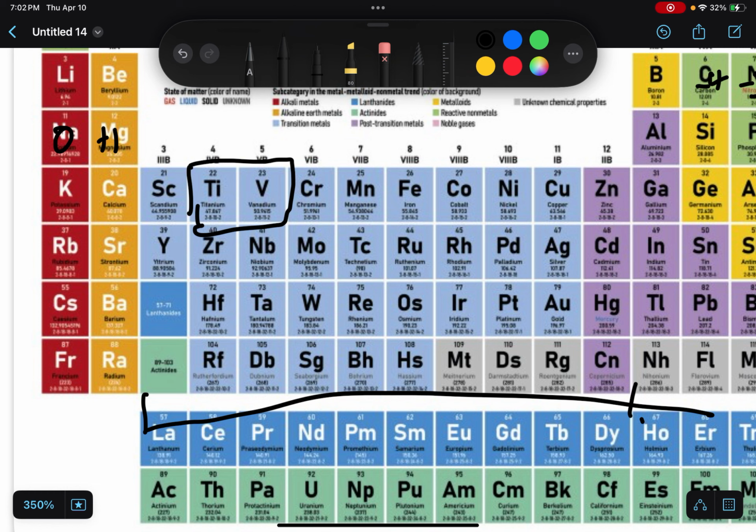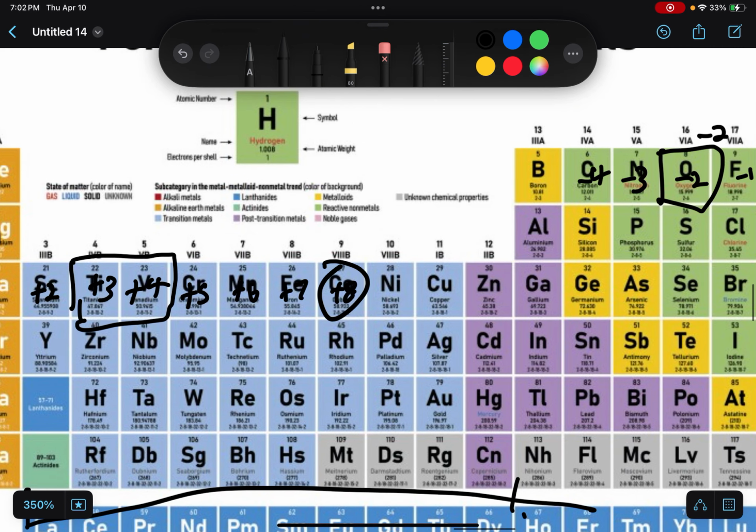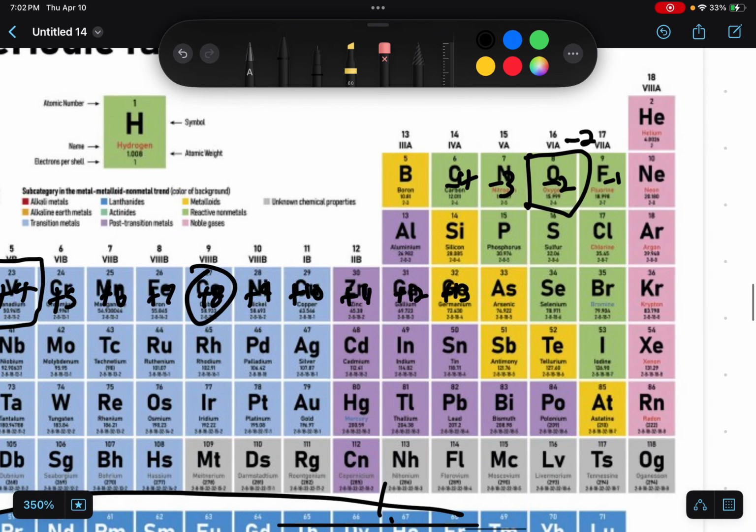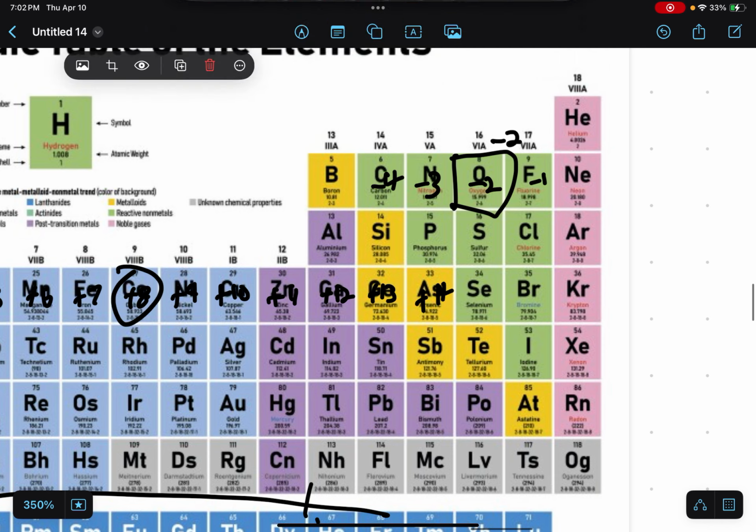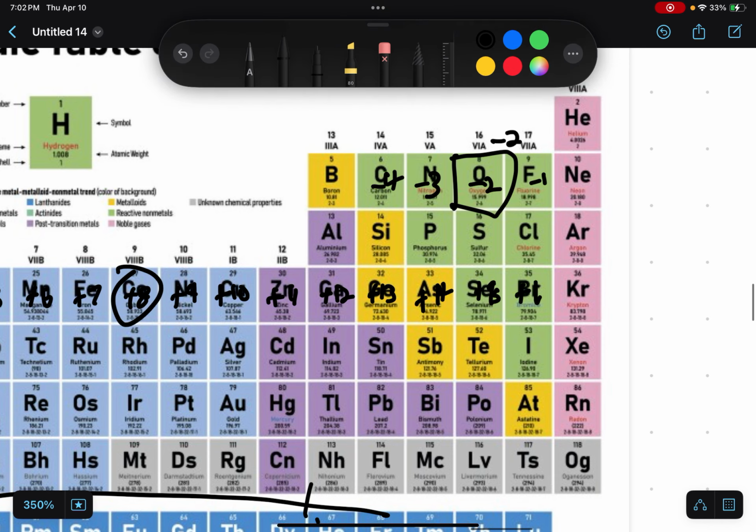This isn't a +2, +3, +4. They can be more, like +5, +6, +7, +8, and this is noble, and then you get +9 up to +16, and that's not the case because this one is noble.